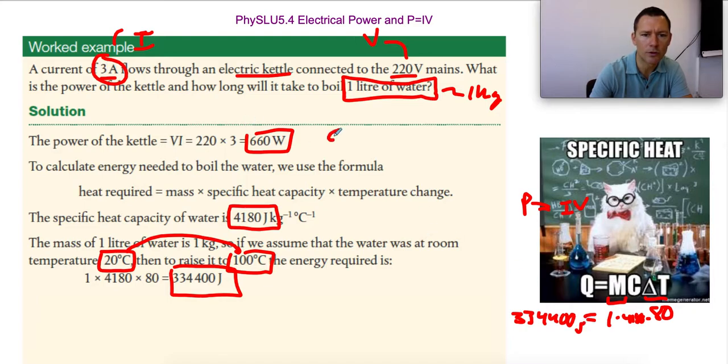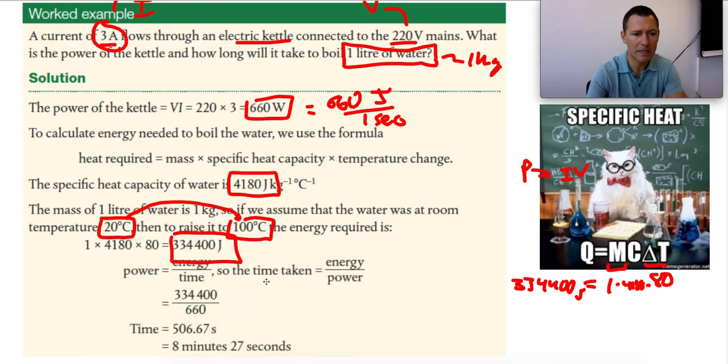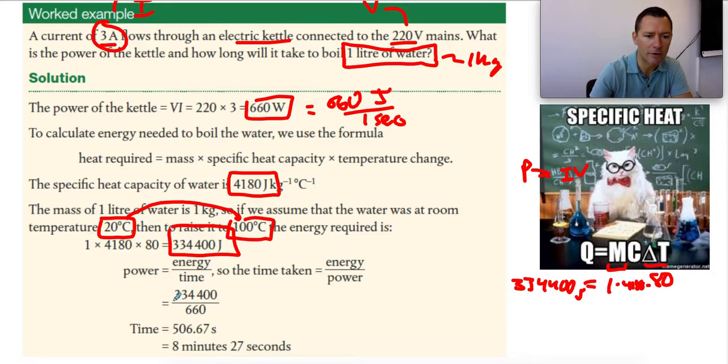This thing can do 660 joules every 1 second. That's what power is. So therefore you can say, power is energy over time. If you divide the amount of energy by how many joules per second, you get the number of seconds it'll take, and you convert that to minutes if you want. But I think if you're here, you're good to go.